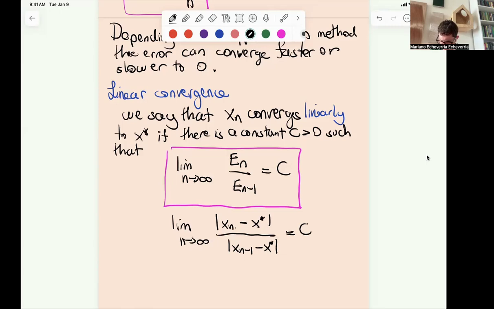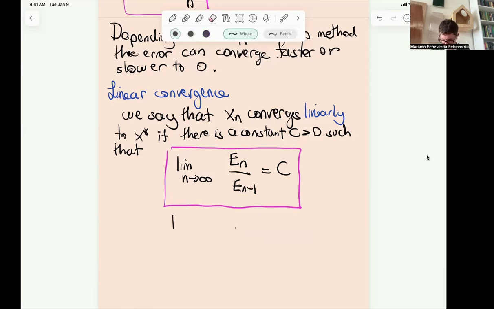Actually, let me. So what this is saying is that roughly, pretend that the limit were not there. Imagine that we had no limit in front of the errors.